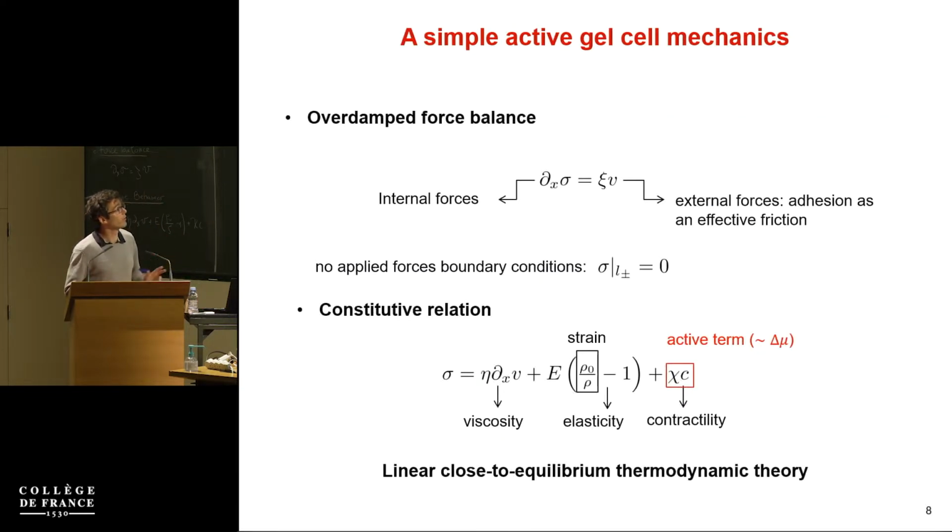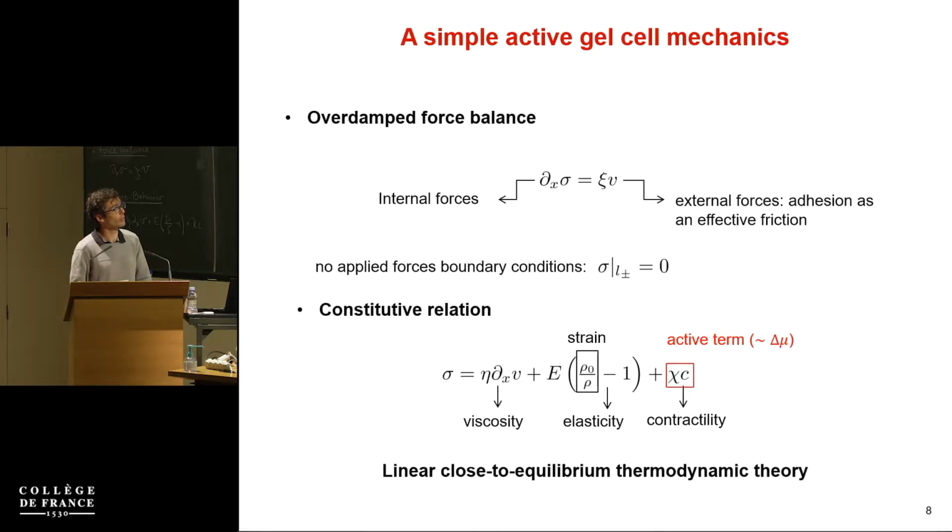One thing which you cannot escape is force balance. So here I consider overdamped dynamics where inertia is not playing any role. And so it takes a very simple form. The divergence of the stress, which is the internal forces, is balanced with external forces, which I take here as simple as possible, just as a viscous friction, having in mind that the dynamics of attachment and detachment from the adhesion protein is fast enough to do this.